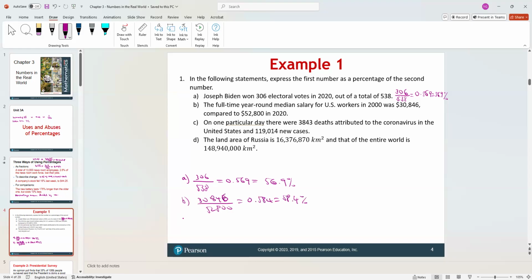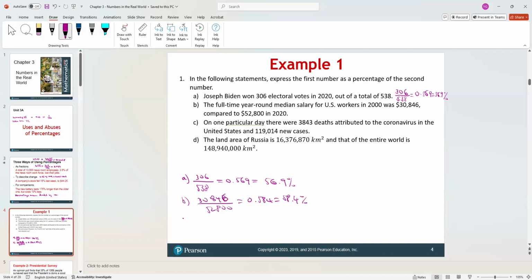Now, the next, we can go with another example. In this case, on one particular day, there were 3,843 deaths attributed to the coronavirus in the United States, and 119,014 cases.